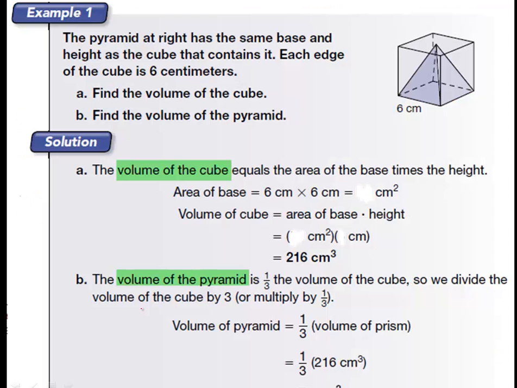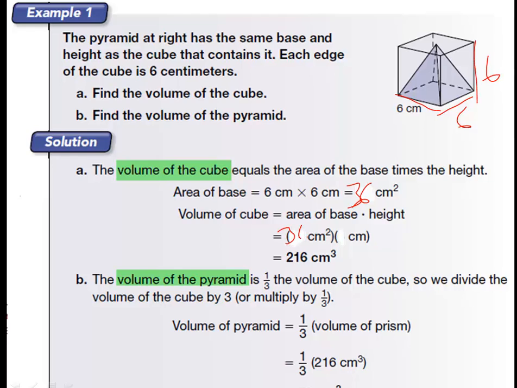Here on the right we have a cube that is 6 centimeters on each of its sides, and inside that cube we have a pyramid. So let's look at both of these. We want to find the volume of the cube. We multiply the area of the base, which is 6 times 6, is 36, by the height, which is 6.